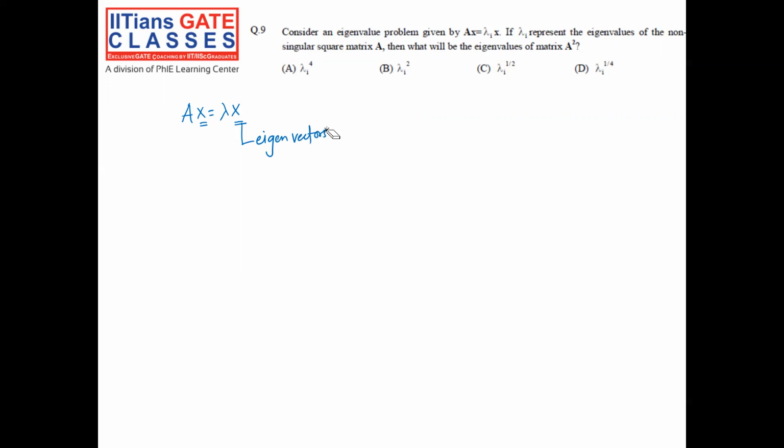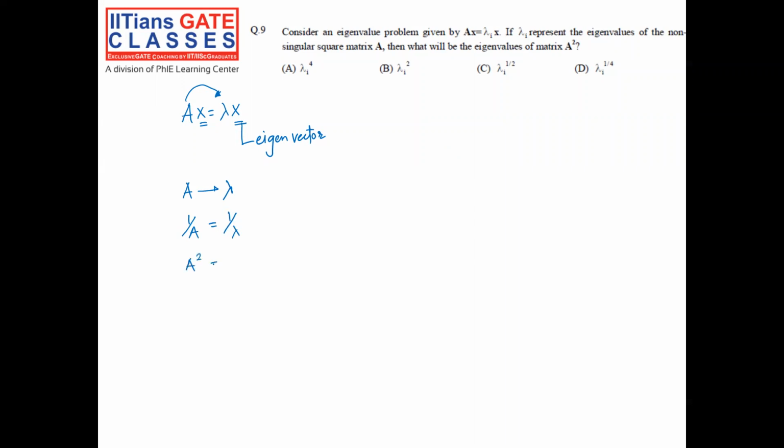Whatever operation we do on A, the same operation will reflect on lambda. So if I say the eigenvalue of A is lambda, then the eigenvalue of 1 upon A, that is A inverse, is 1 upon lambda.